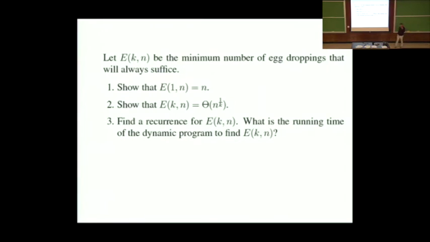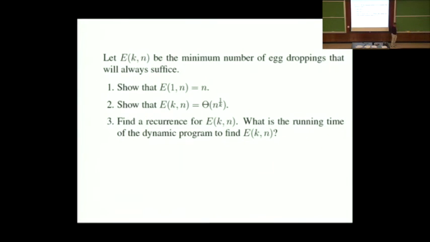How do you compute the running time of any dynamic programming algorithm? It's the number of boxes times the cost per fill of any box, right? How many boxes are there in this problem? Let's think about it.